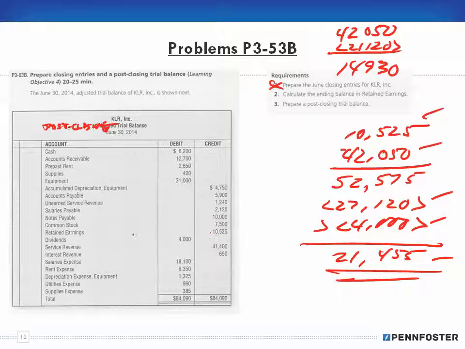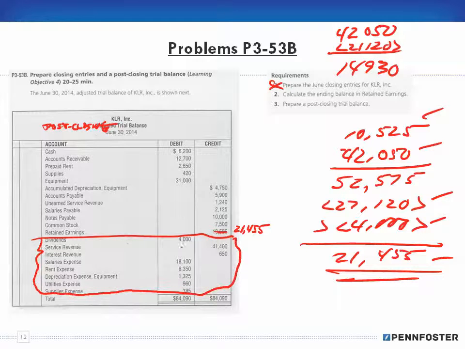And my retained earnings amount is not going to be 10,525. It's going to be 21,455. Which then also means that my dividends, my revenues, and my expenses, all of these accounts have zero balances now, right?